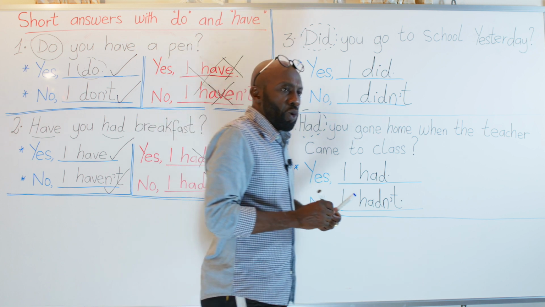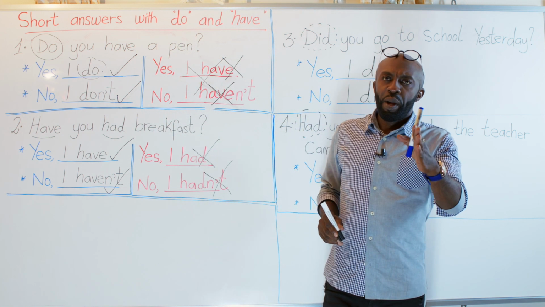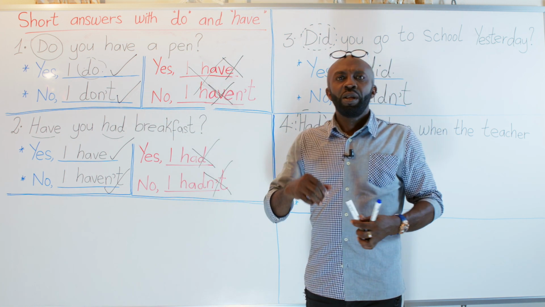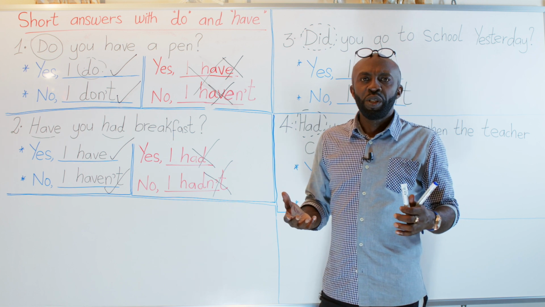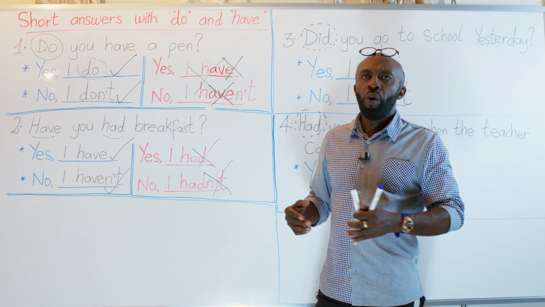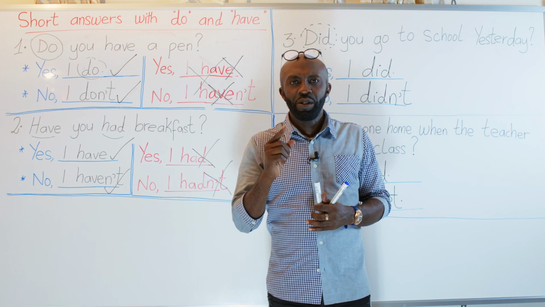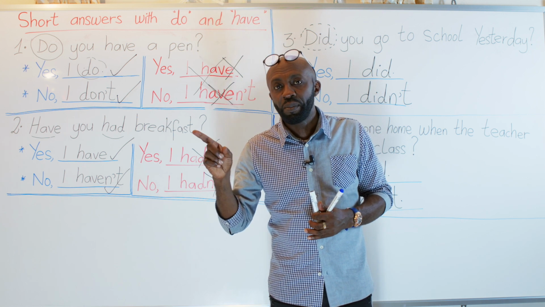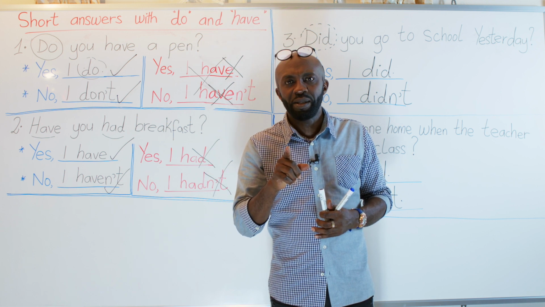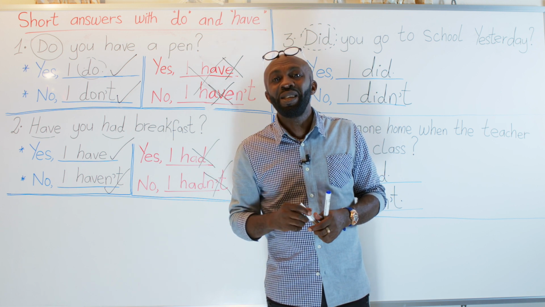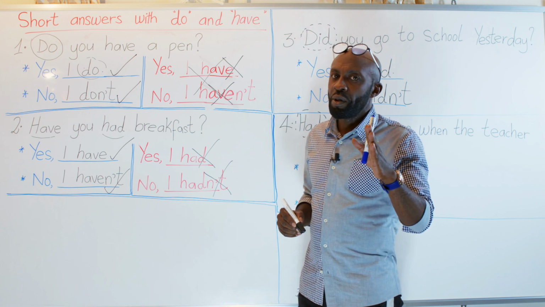Good. So you have to remember, when answering a question with do or have short answers, you pay attention to the first verb of that sentence. And that first verb is the auxiliary verb.